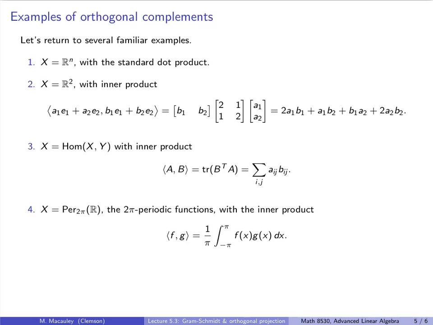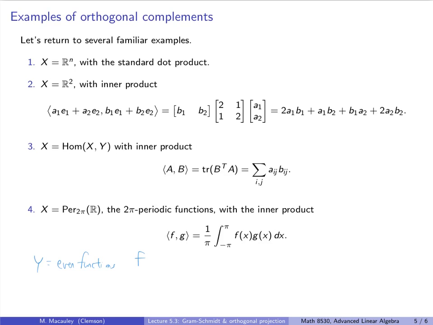Our last example is going to involve the 2π periodic functions with the inner product given by this integral. And we don't need this scalar out front, but remember that makes the sine and cosine waves orthonormal instead of just orthogonal. So I'm going to let y be the space of even functions.